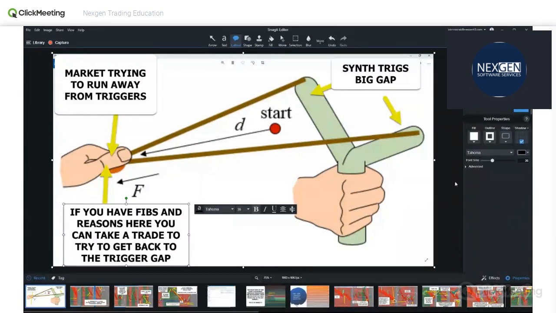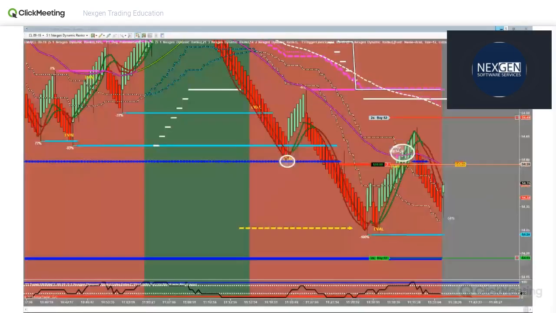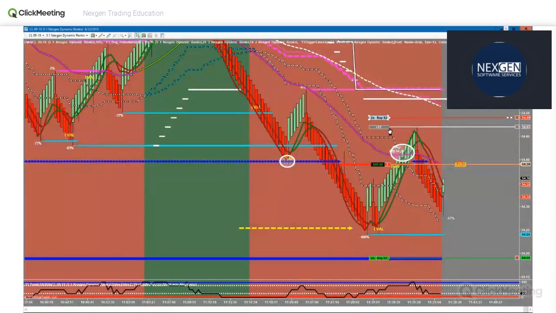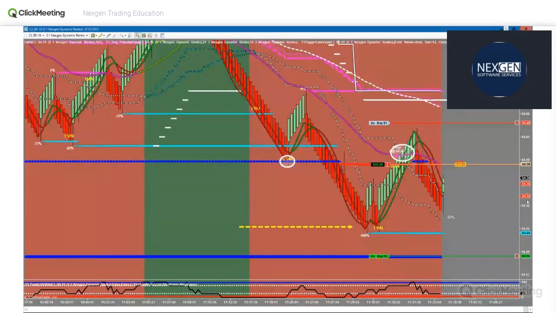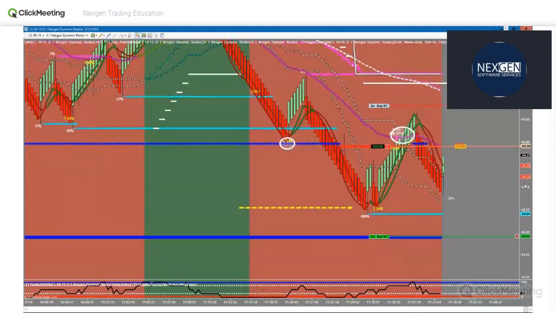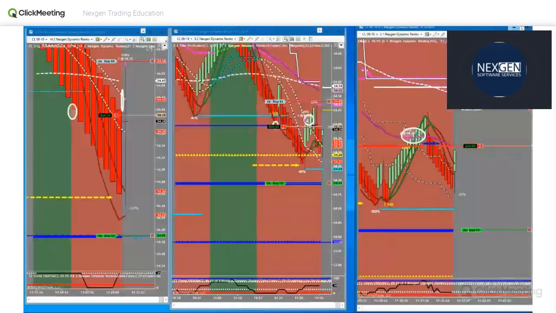Do you guys understand this? Again, if it's a strong trending market or something like that, you don't get this tension. Oh, look at that. We're starting to go down anyway. So again, we don't always get everything perfect the way we want it, obviously.